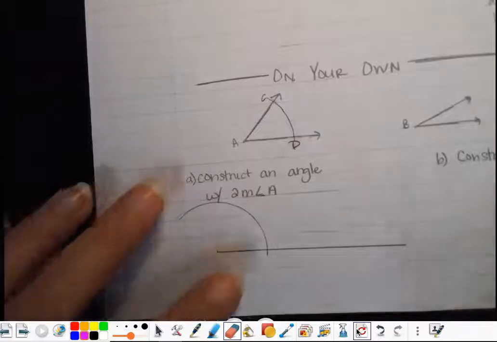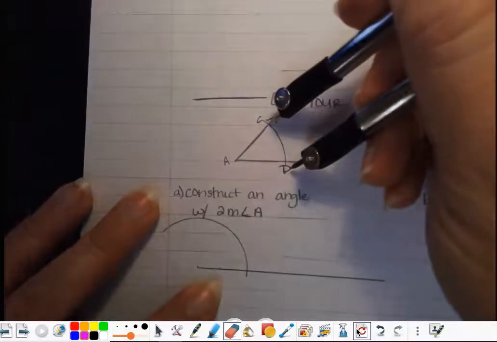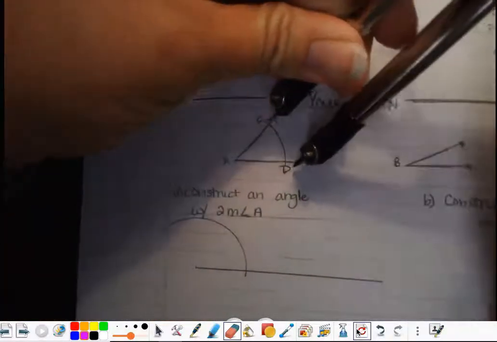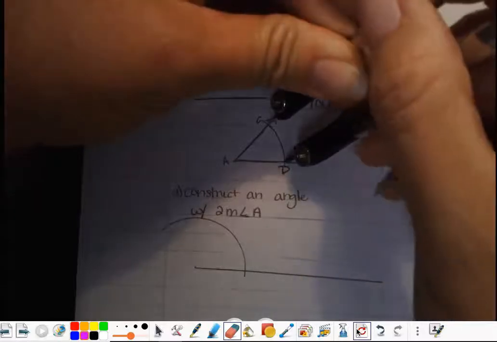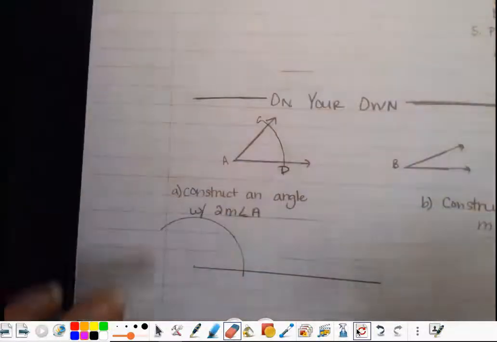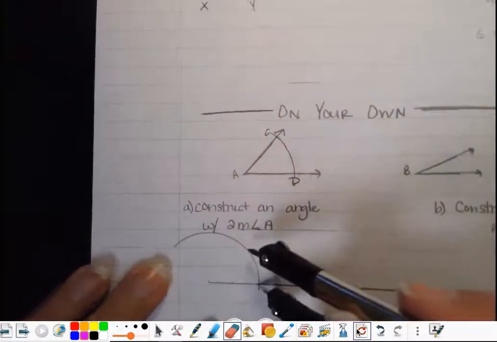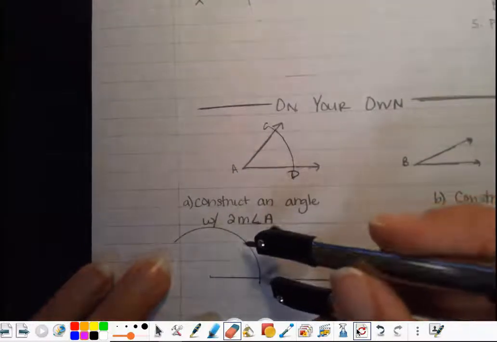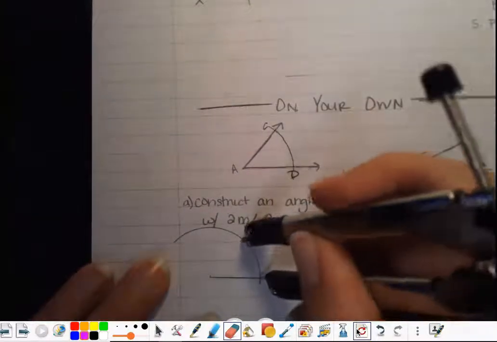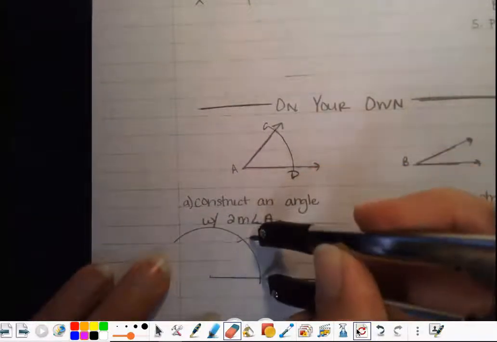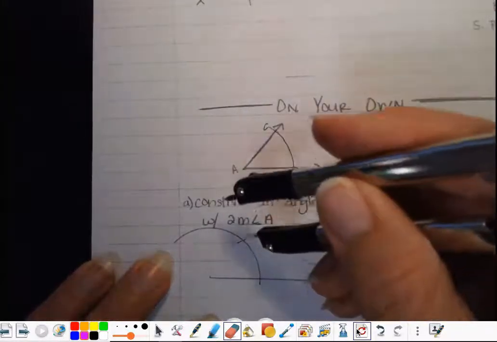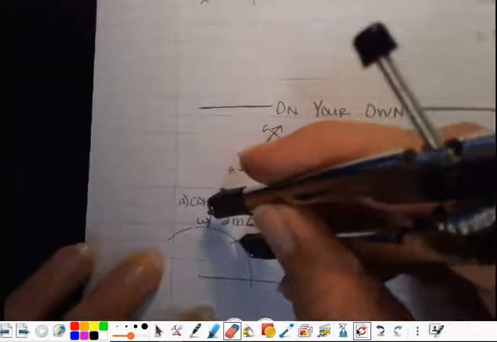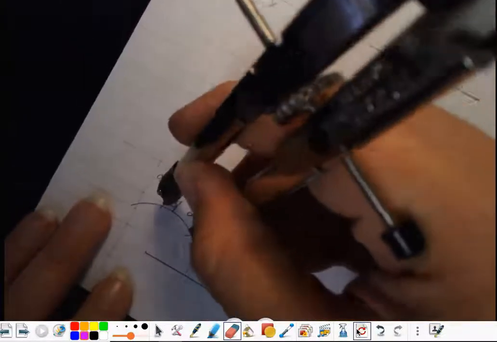Now I need to measure the distance between C and D. And so I'm going to get one angle A by putting that tick mark there. How do I get a second angle A? Starting at that tick mark, I just have to go up to that tick mark and make another one and intersect it on the line.